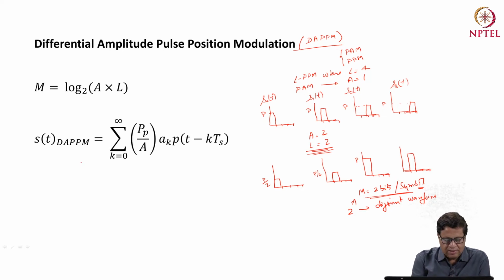So the composite signal which is transmitted using the DAPPM scheme, digital amplitude pulse position modulation scheme, is given by this expression, where this is the peak power. These are the number of amplitude levels.